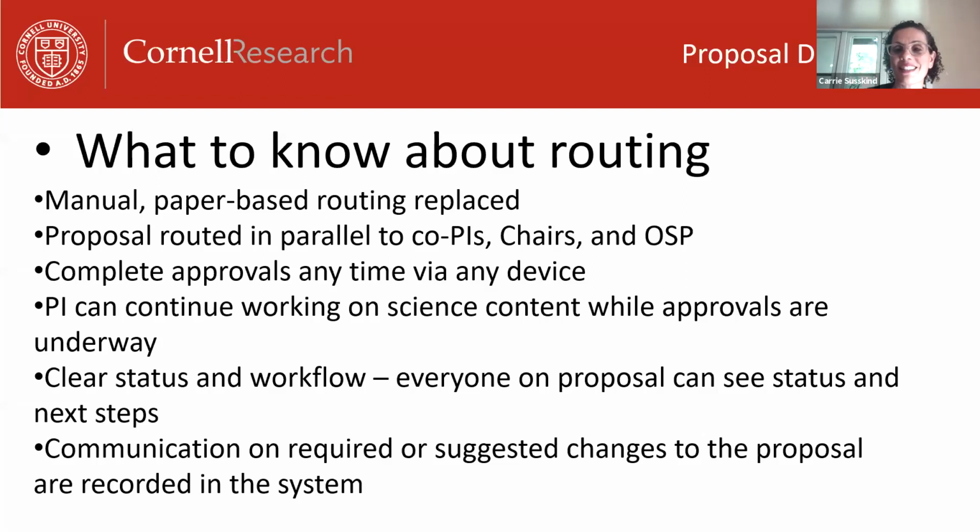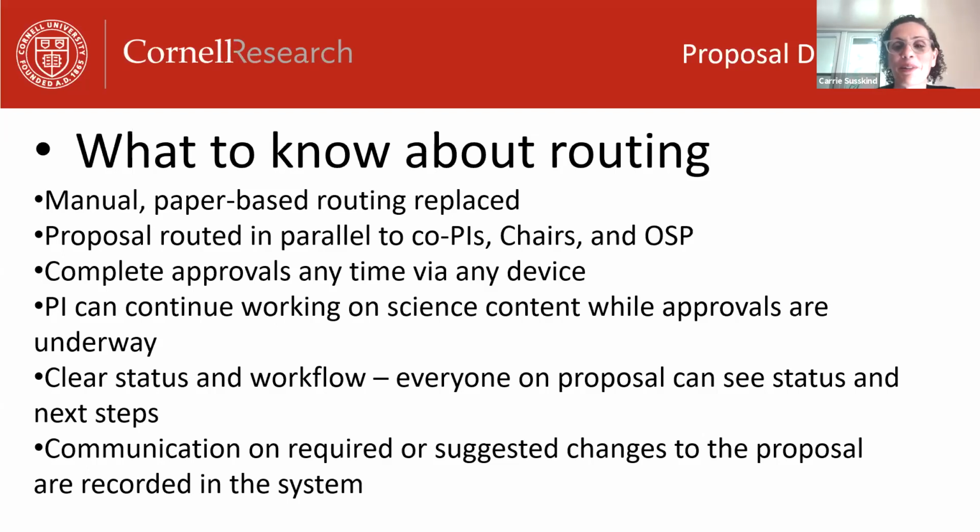We have had some feedback about this process since our launch in June, in that the system is very flexible and it allows multiple people in a record at one time, but that's also causing some issues with people being able to provide their approvals while other people are in the record. Chris is going to talk about some of the work that we're doing to try and alleviate some of the confusion that's happened with that.